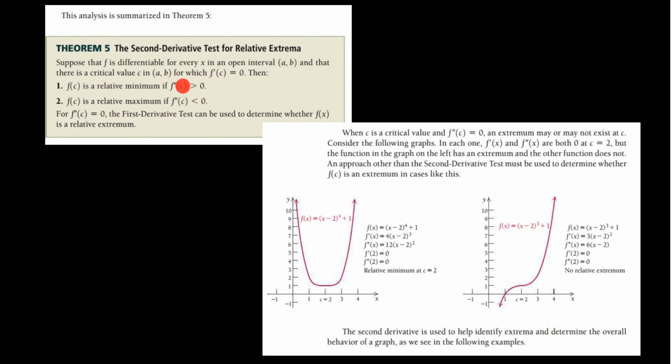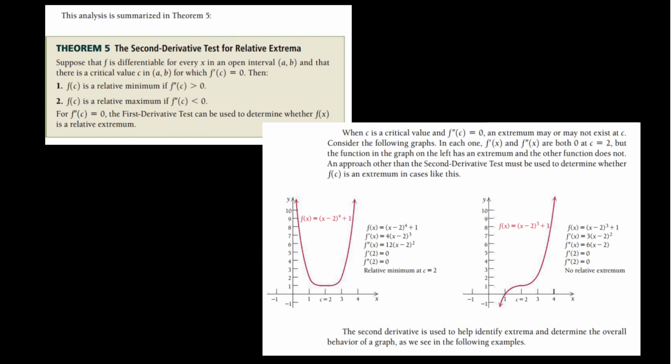So instead of doing the test points like we did before and seeing if they're greater than or less than 0, we get to save maybe 1 or 2 minutes of computation time by just figuring out the second derivative and plugging in our critical point. Depending on if it's greater than 0 or less than 0, you can figure out if you have a relative minimum or relative maximum, respectively.